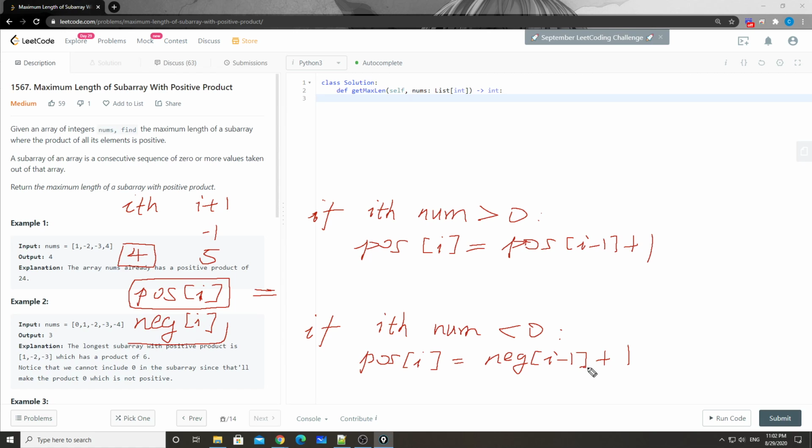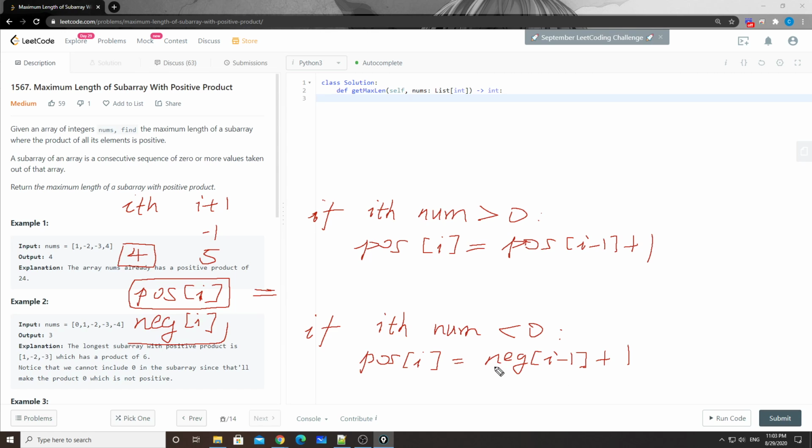It seems like we need to use something like this, because if the current one is negative, we can just inherit the previous negative i minus 1. Basically, if i minus 1 has a negative product, then we can simply do a plus 1, just like the example we were talking about here. But we cannot blindly use this one.